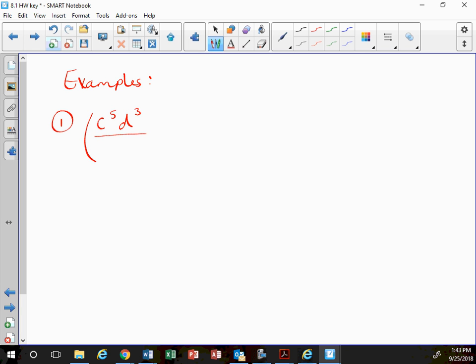C to the 5th d cubed over c cubed d squared, to the -2nd, times c cubed d to the 4th over c to the -2nd d to the 5th, all to the 3rd.